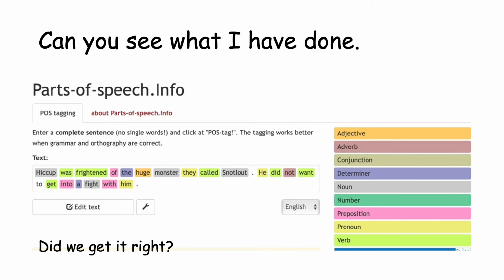Can you see how each of the words, you know what all of those adjectives and adverbs are? You have learned. It's just using your knowledge. Okay?